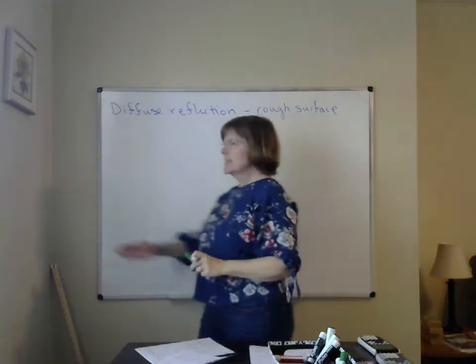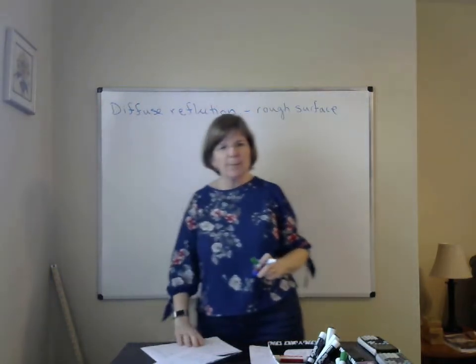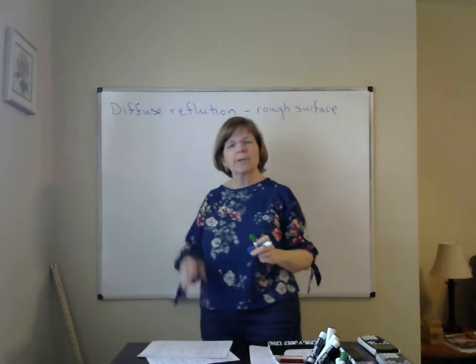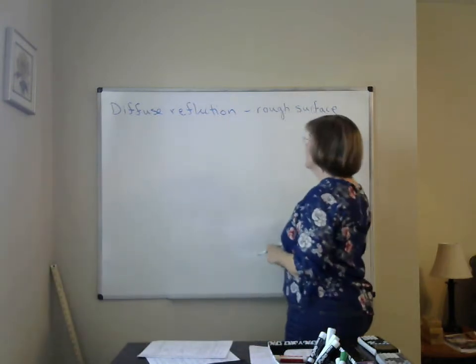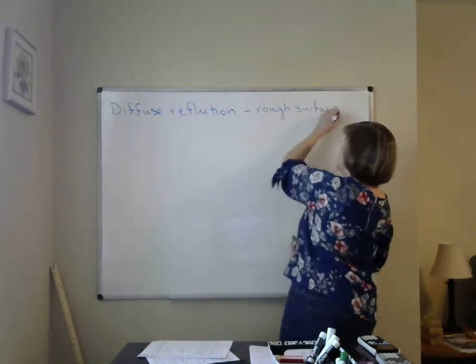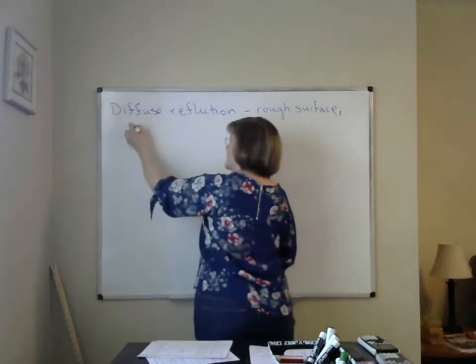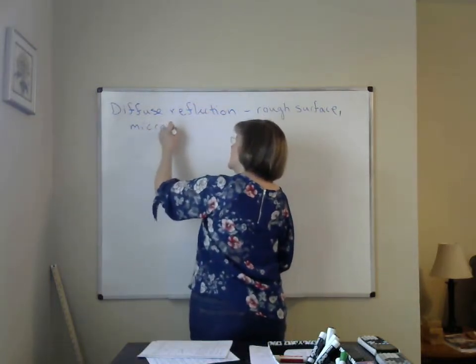I mean, it might be something just like this piece of paper even. It feels pretty smooth, but if we could look at it microscopically, so when I say rough surface, I really mean microscopically, we would see that it is rough.